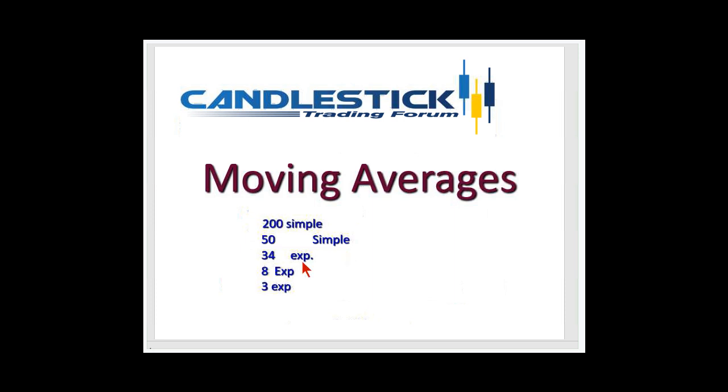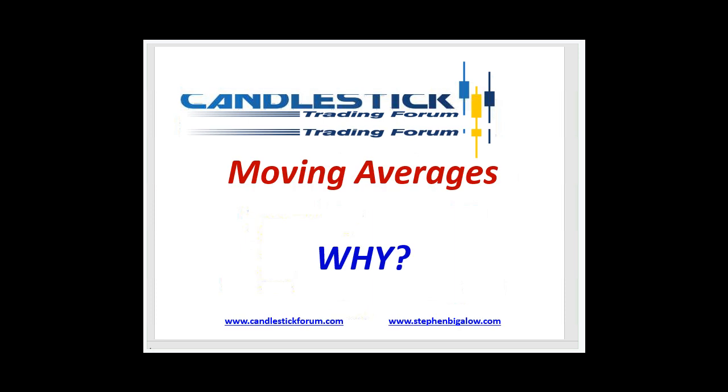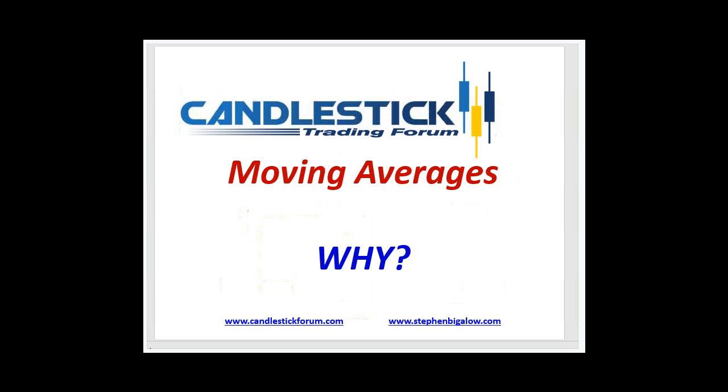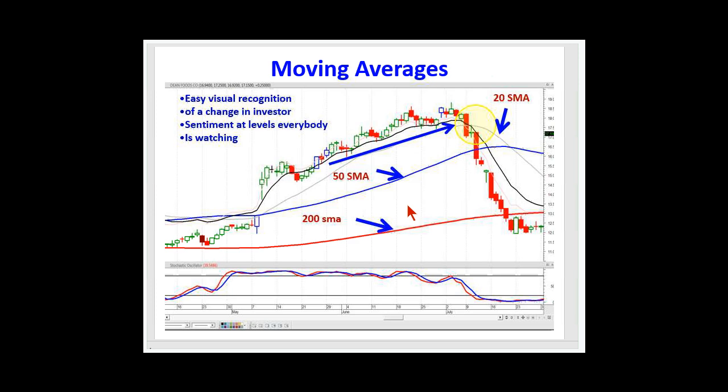So here are the moving averages that I use. The 200 simple, the 50, the 34 exponential, 8, which is our T line, and 3 is our 3T line. To make our decisions, moving averages are what everybody else has on their charts and what they watch.